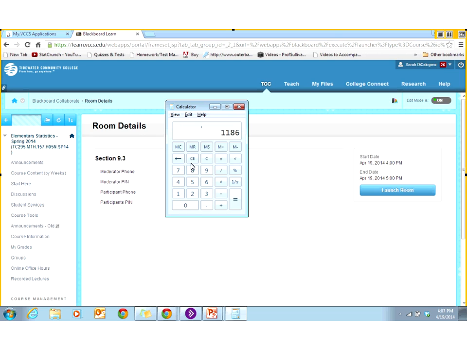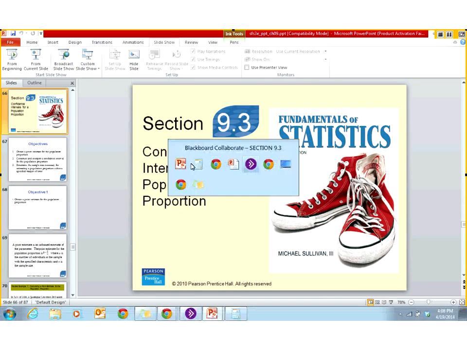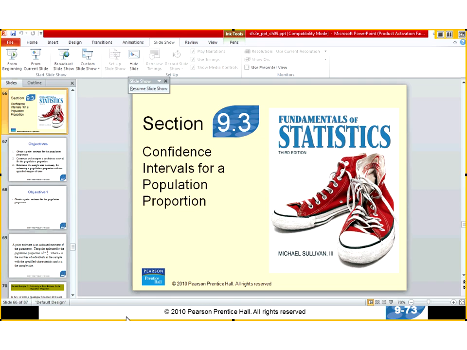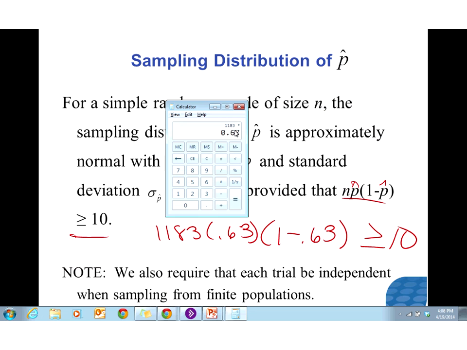Okay, 1,783 times 0.63. Enter, times, parentheses, 1 minus 0.63, close my parentheses. And that's way bigger than 10, so we're good.